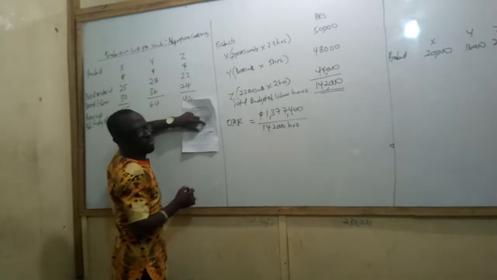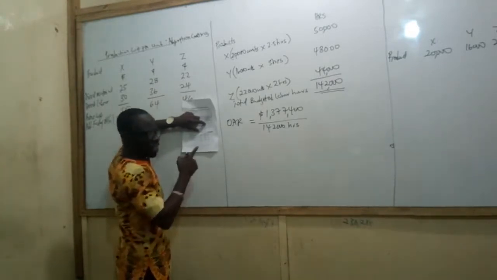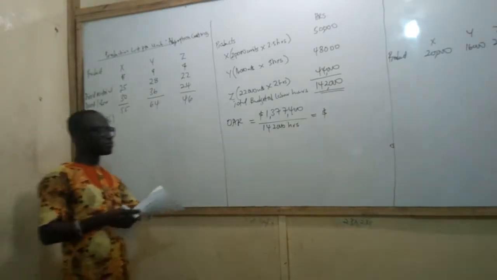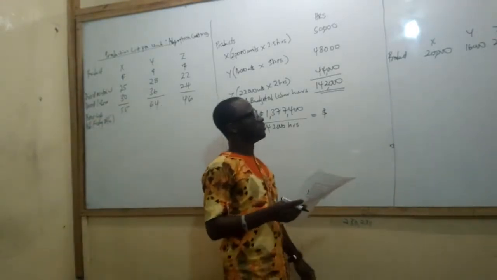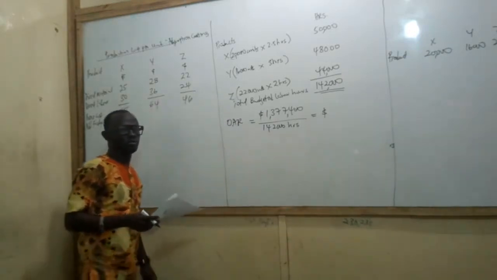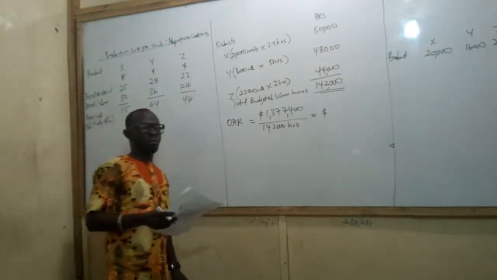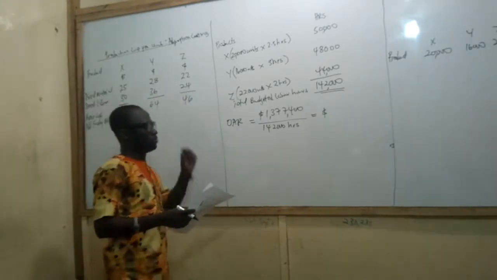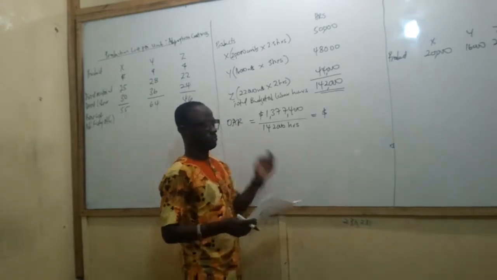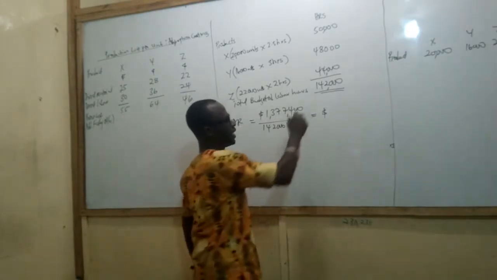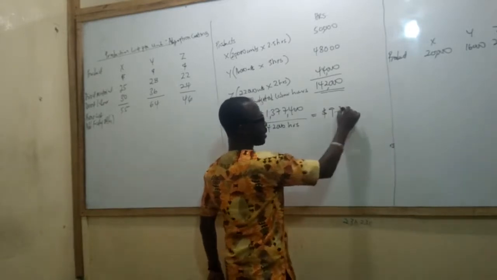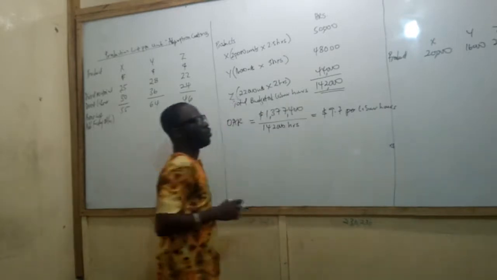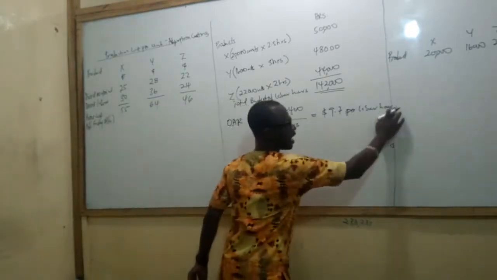Sounds good? Yes. So let's divide. So $9.7 per labor hour. This is the overhead absorption rate per labor hour.